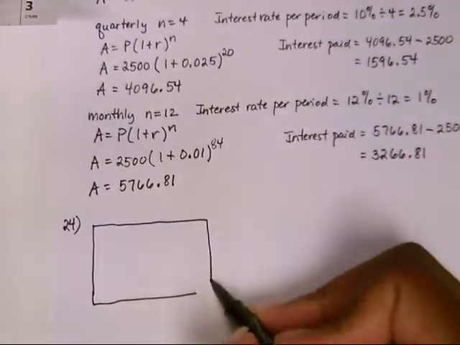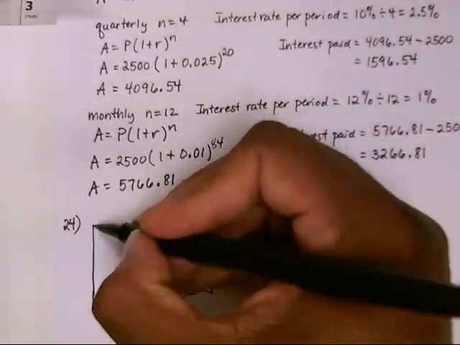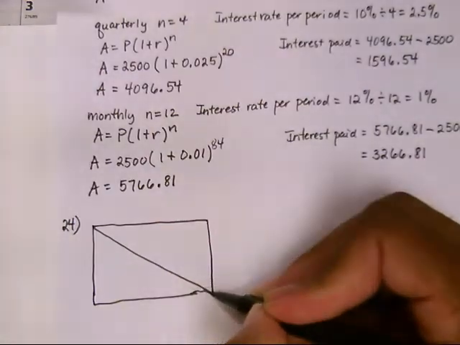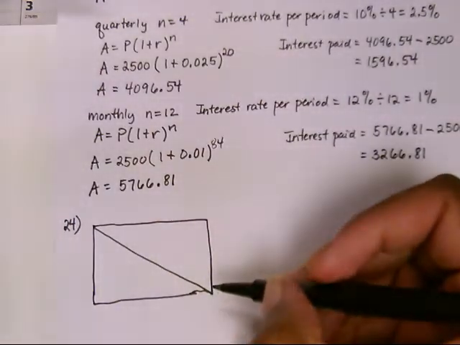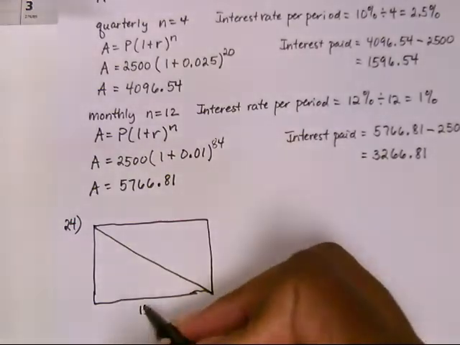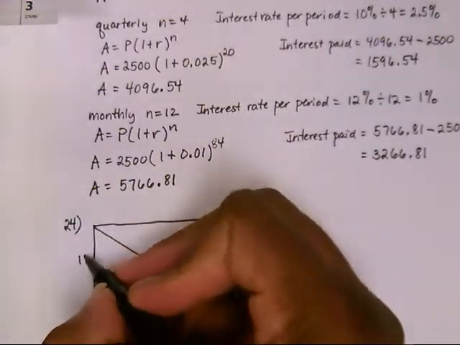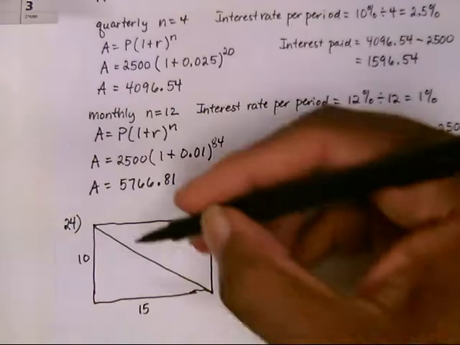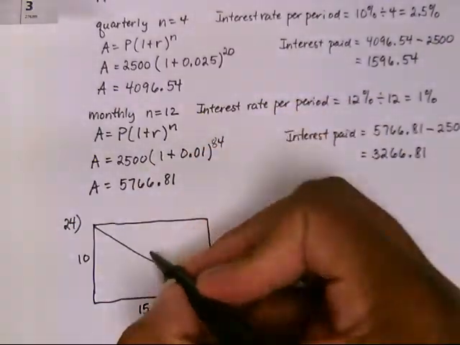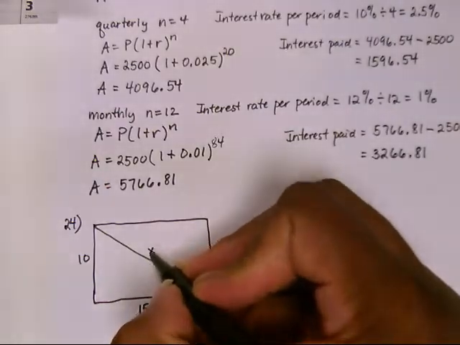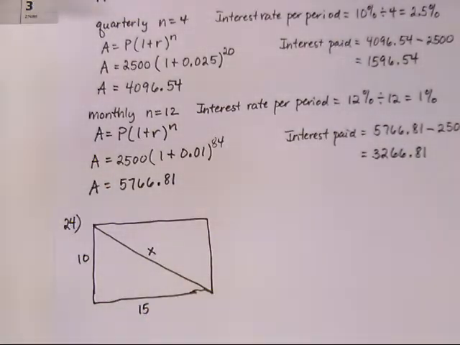So we have a rectangular gate that looks like this, and a diagonal brace is going to go here. And the rectangular gate is 15 feet by 10 feet. And I want to know the length of this diagonal brace here, which I'm going to call X.